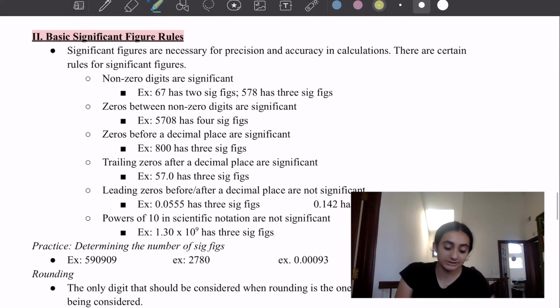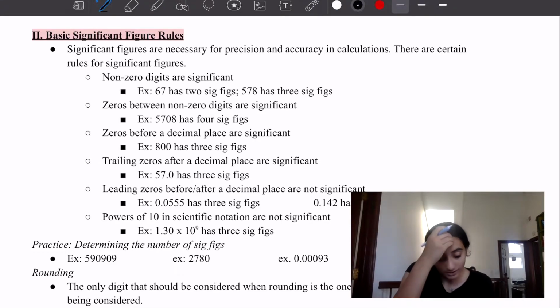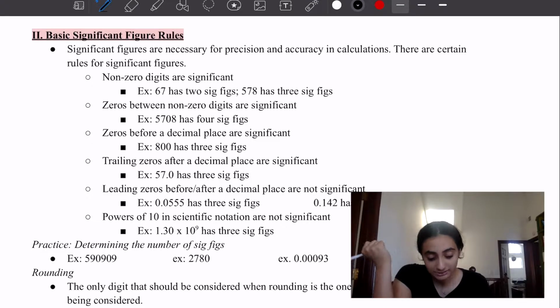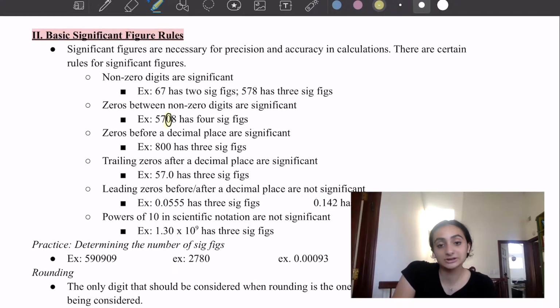So we are going to now discuss the rules for significant figures. I'll just list them. The first one is that non-zero digits are significant. The second one, zeros between non-zero digits are significant. As you can see, 5,708 has a zero in between, but that zero still counts as a significant figure.